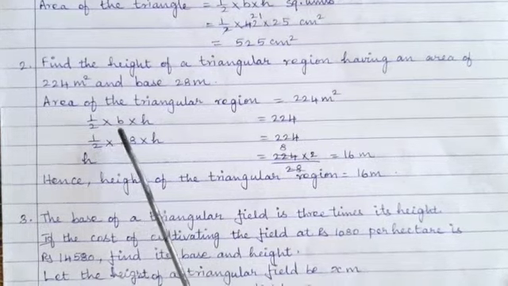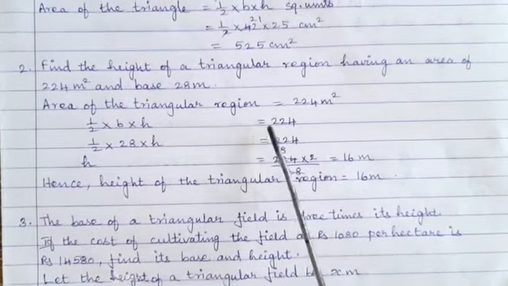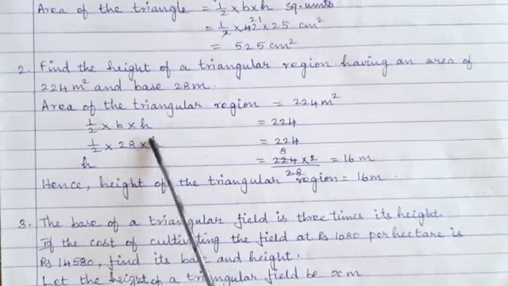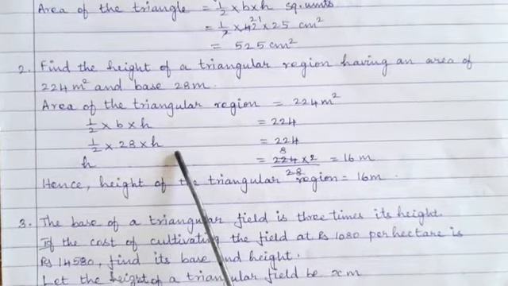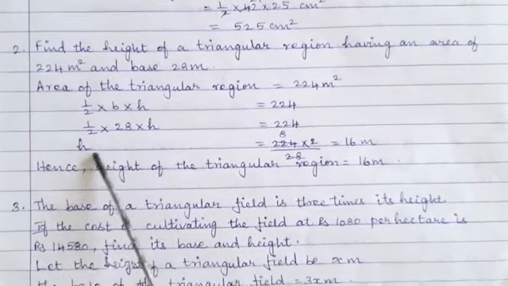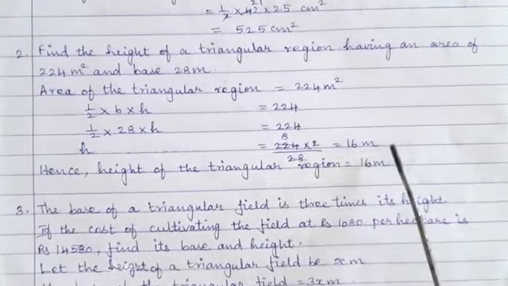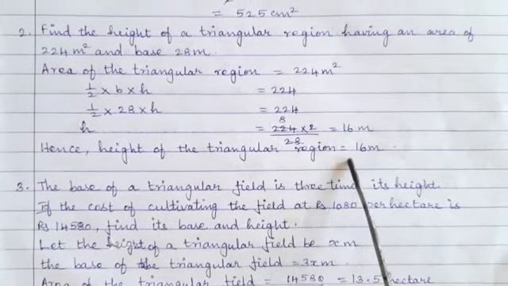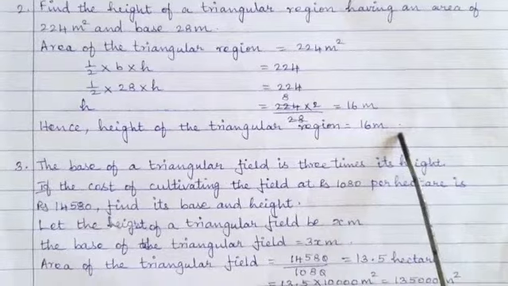Formula: half into base into height equal to 224. Half into base is given, that is 28, into height we are going to find out, is equal to 224. After simplification, height is equal to 16 meter. Hence, the height of the triangular region is equal to 16 meter.